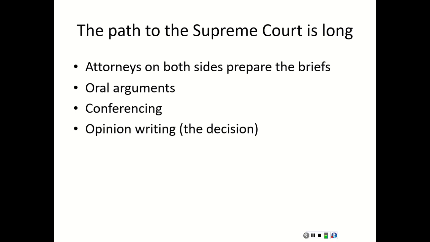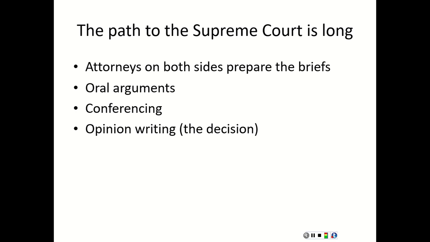Once they make their decision, they pick their winner and loser, we have opinion writing. This is going to be the official decision. Somebody from the majority team is picked to write the opinion.